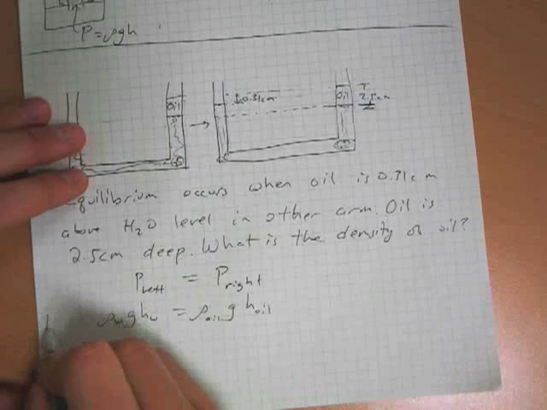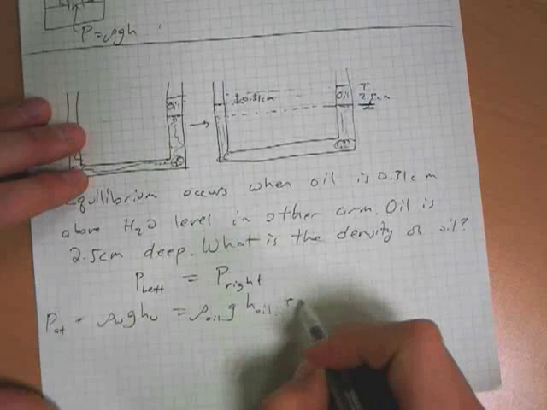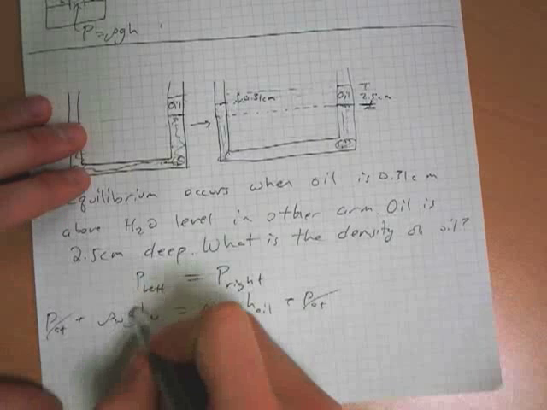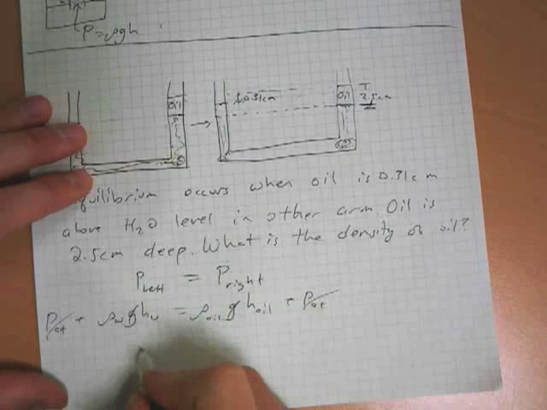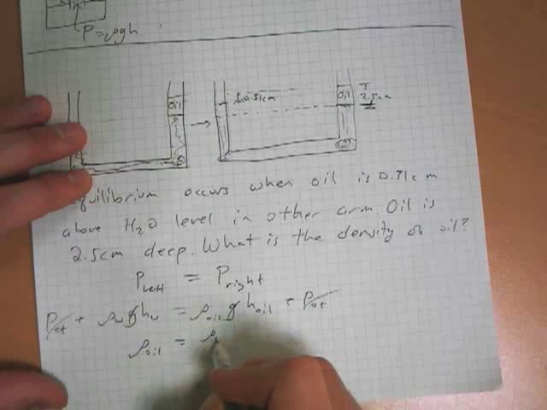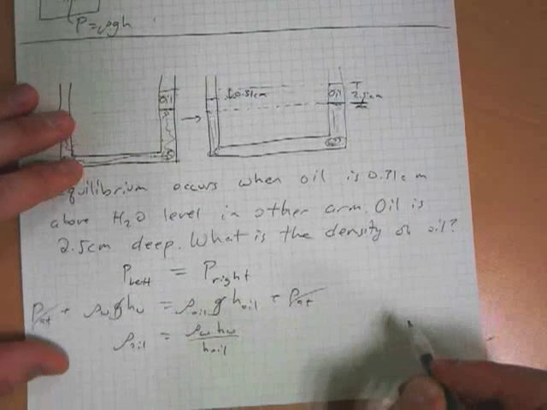Well, technically we have atmospheric pressure plus these, but the atmospheric pressure then cancels out. Our g cancels out, and so we can see that the rho of our oil is just rho of water times height of water over the height of the oil.